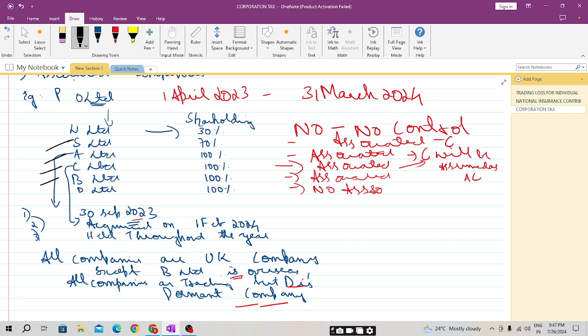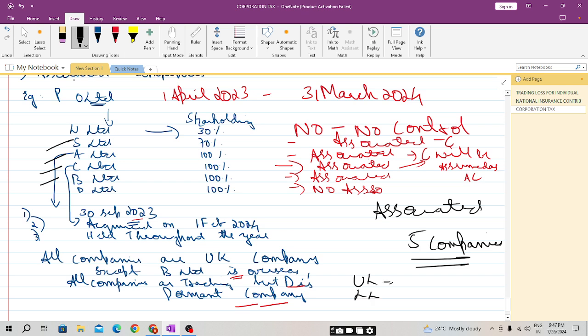So 1, 2, 3, 4 and O. So total associated companies will be 5 companies. The upper limit and lower limit will be divided by the number of associated companies, and in the number of associated companies we need to include the parent also. I hope this is clear. Now students, we have a small question which is very interesting. We will be doing it so that we have a better understanding.